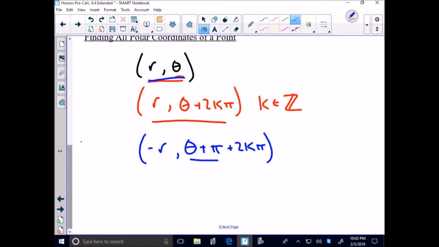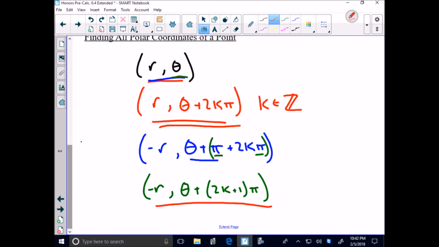In general, if we factor pi out of these last 2 terms, what we're going to end up with then is a negative r, and then theta plus, right here we would have (2k plus 1) pi, which is basically an odd increment of pi, which is a rotation that will take us in the opposite direction from our theta. So right here, these 2 sets of polar coordinates define the same point as r, theta.